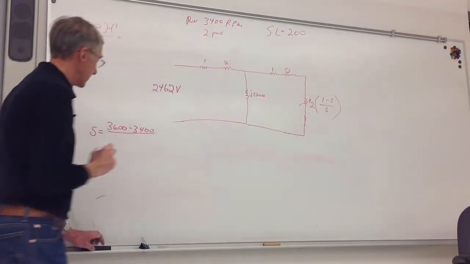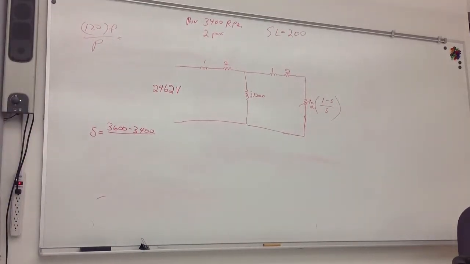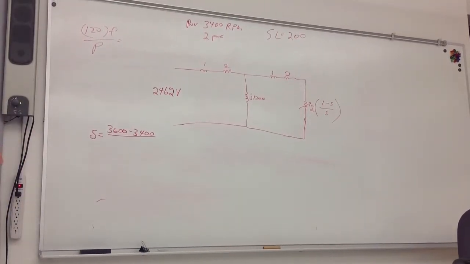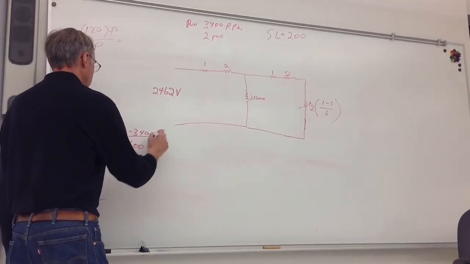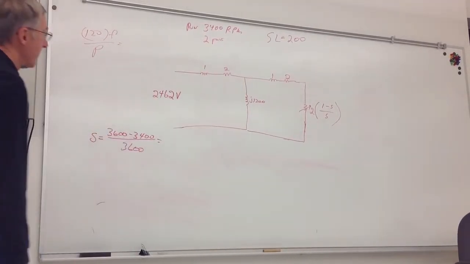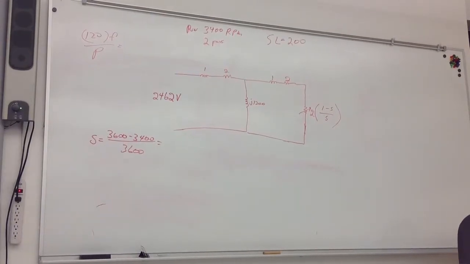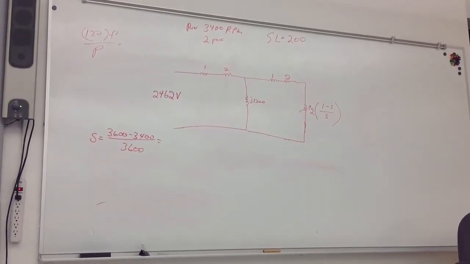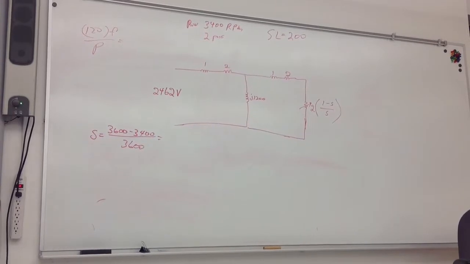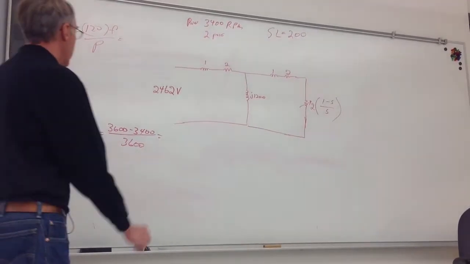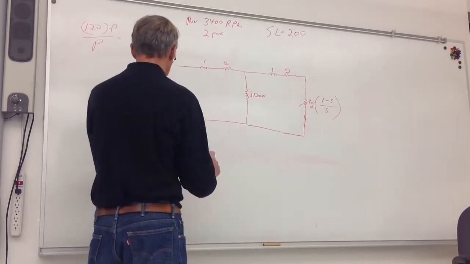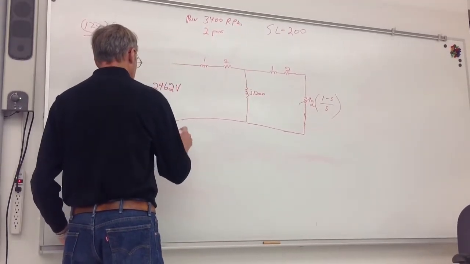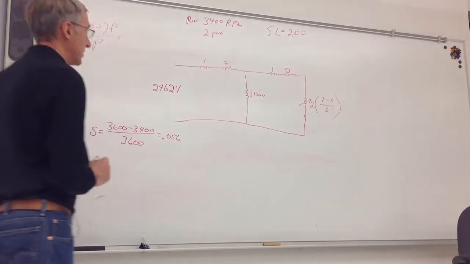Look it up in your notes. So what's my slip? 0.056, or 5.6%.